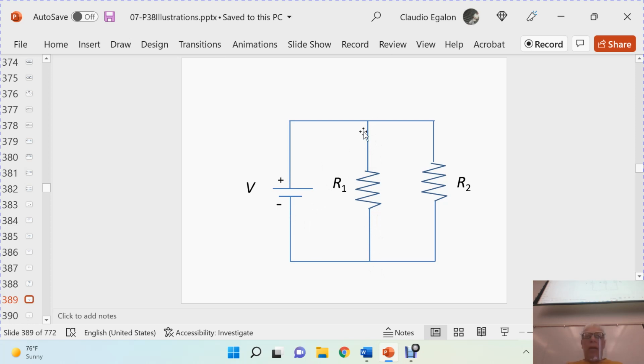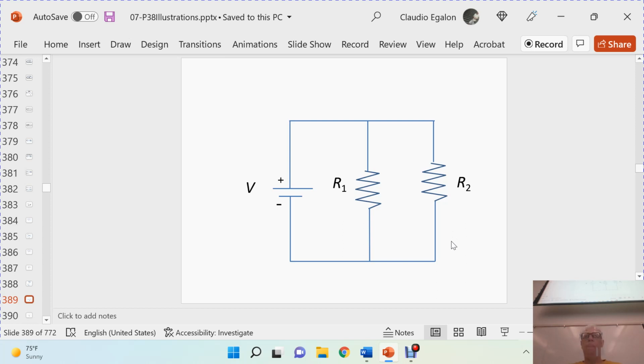It means that the loss of energy per unit of charge on those two ends of this resistor is going to be V. And the loss of energy per unit of charge of the two ends of this other resistor is also going to be V. Make sense? The amount of energy that an electron loses going from, let's say, this point to this point here is going to be the same amount of energy that a different electron is going to lose when it goes from this point here to this other point here.